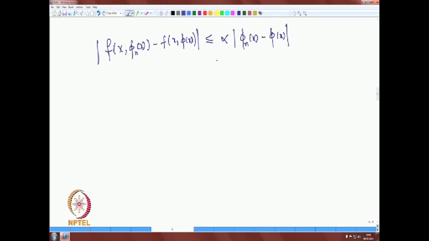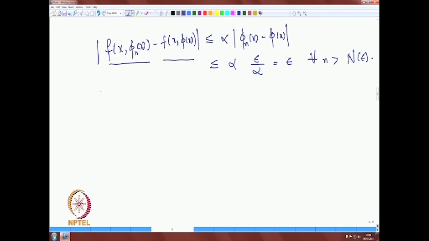So, this is less than or equal to alpha times epsilon by alpha, which is epsilon for all n greater than capital N, which is a function of epsilon. So, for a given epsilon greater than 0, there exists an N such that the absolute value of the difference of f of x phi n and f of x phi x is less than epsilon for all n greater than N of epsilon.